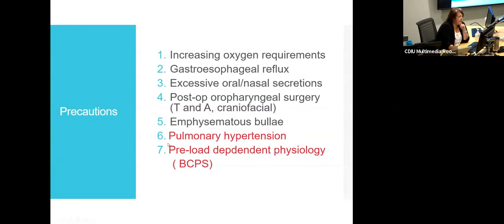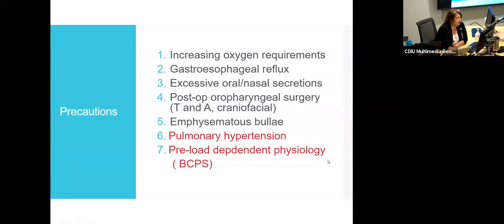And then again, you need to have caution with pulmonary hypertension, with patients with pulmonary hypertension and children that have preload dependent physiology. So in some literature, pulmonary hypertension in itself can be a contraindication. It needs to be balanced with what we're doing and what the outcomes are and how well monitored the children are.